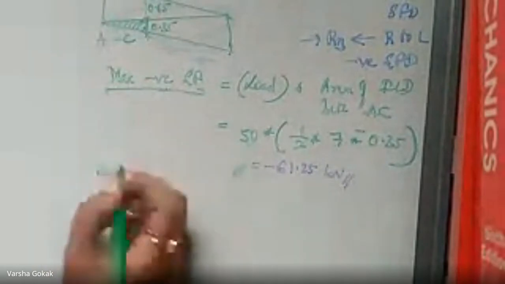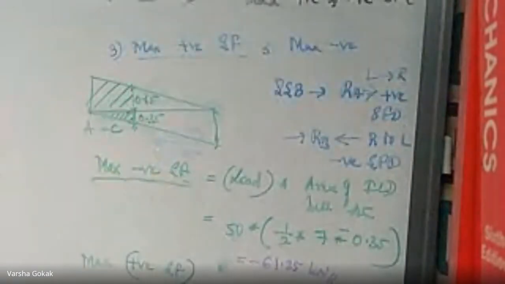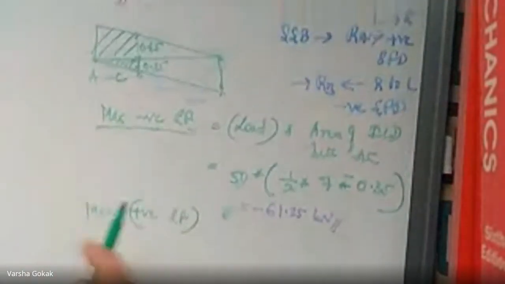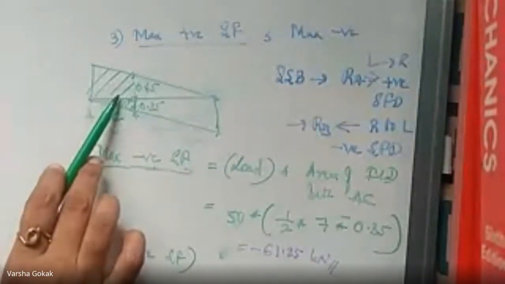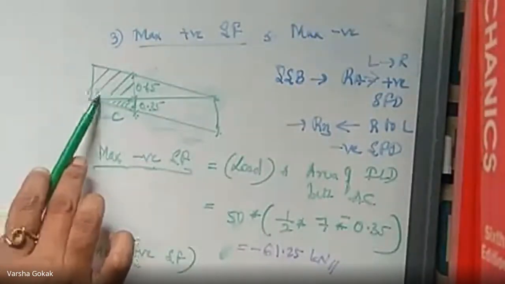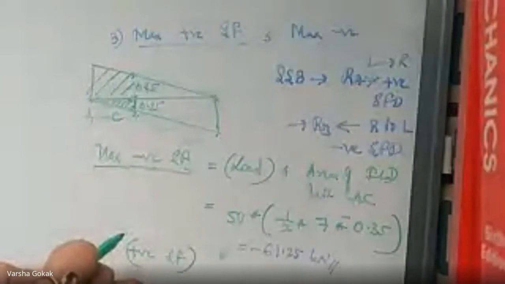Similarly, if I want to calculate the maximum positive shear force, what is it going to be? Before jumping directly into a conclusion that this is the maximum positive shear force, the positioning of the UDL could be anywhere to get the maximum shear force, right?